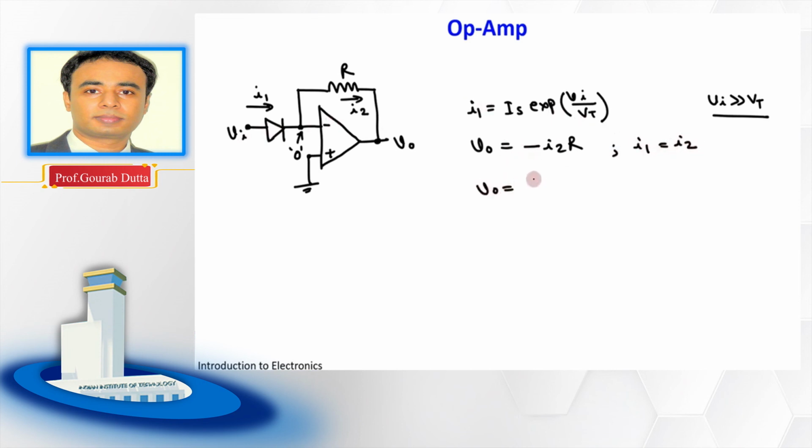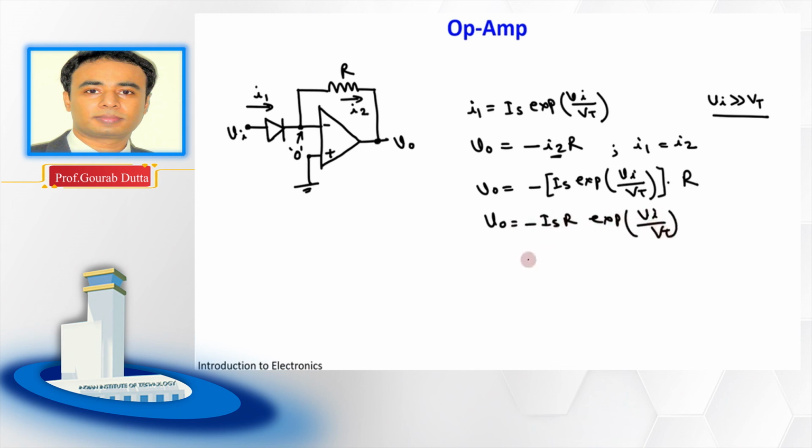So V output can be written as Is exponential of Vi by Vt into R. This is I, this is R. So write it this way, Vi by Vt.